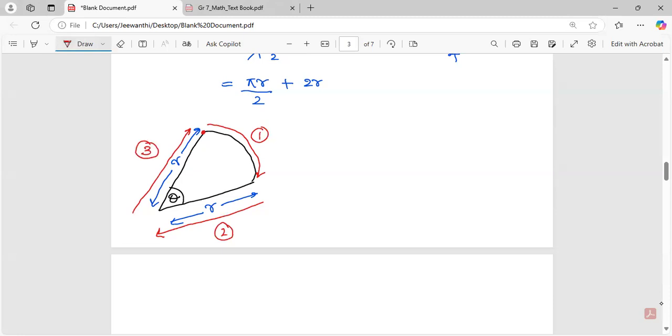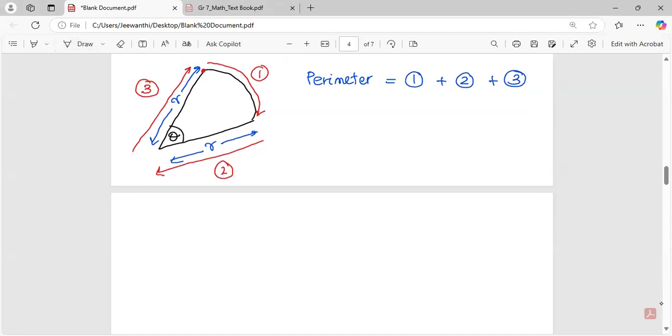So how do you get the perimeter? You add 1 plus 2 plus 3. How to get 1? It is the full arc length. The full arc length is 2πr, that is a full circle, meaning 360 degrees, and we multiply by theta.